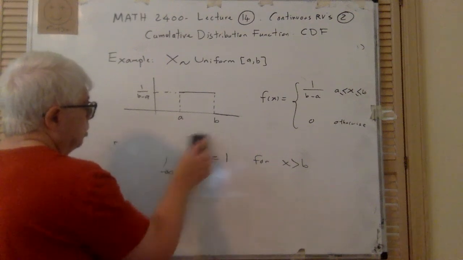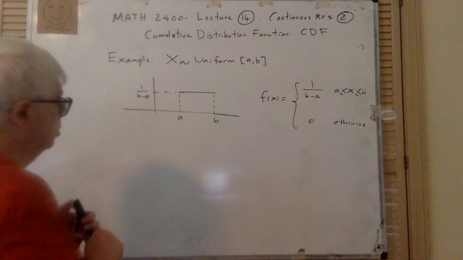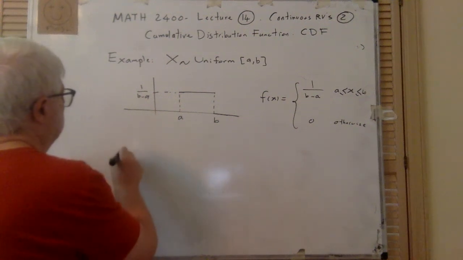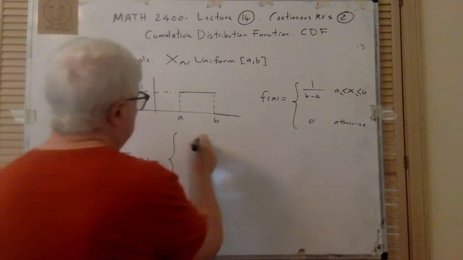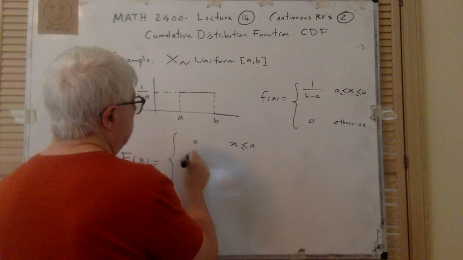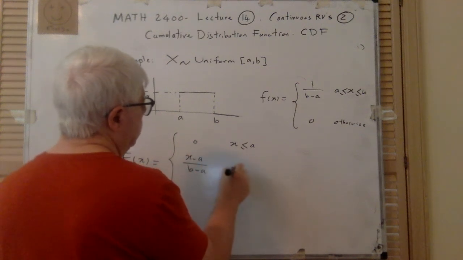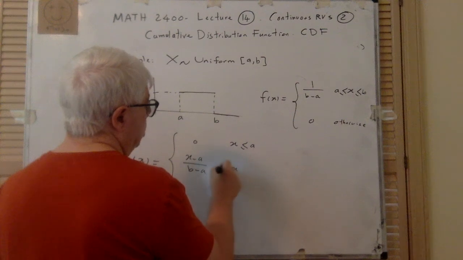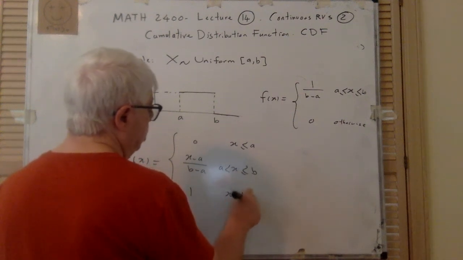So let me write down the CDF for this random variable. It is 0 for x less than or equal to a. It is x minus a over b minus a for x between a and b, and it is 1 for x bigger than b.